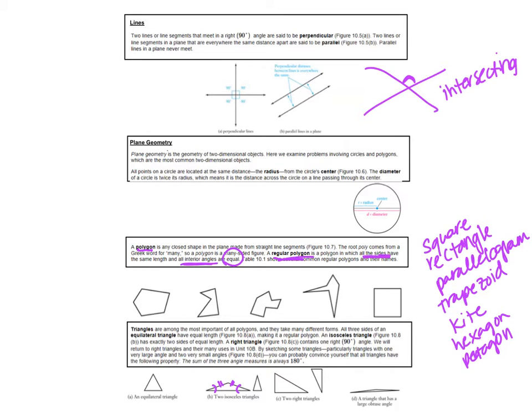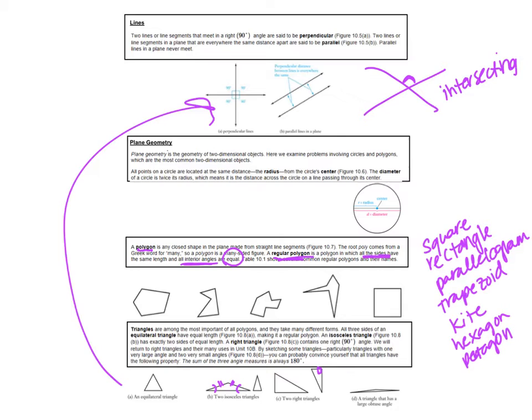And then we have the idea of a right triangle. A right triangle means that I have exactly one angle that is 90 degrees. Typically they draw a little box in the corner to represent a 90-degree angle. If you look back up to where we were talking about perpendicular lines, you saw the little box for the 90 degrees.